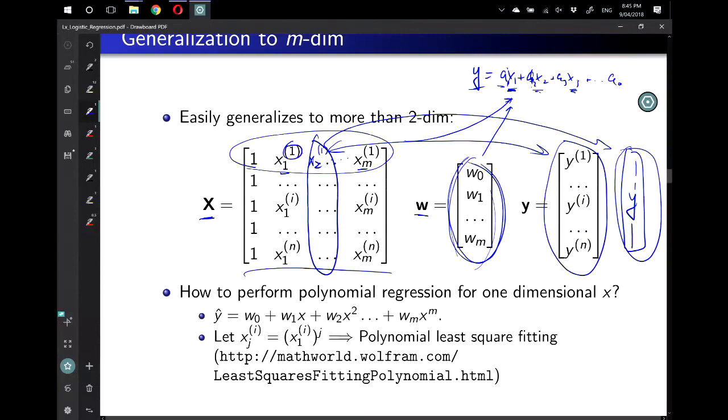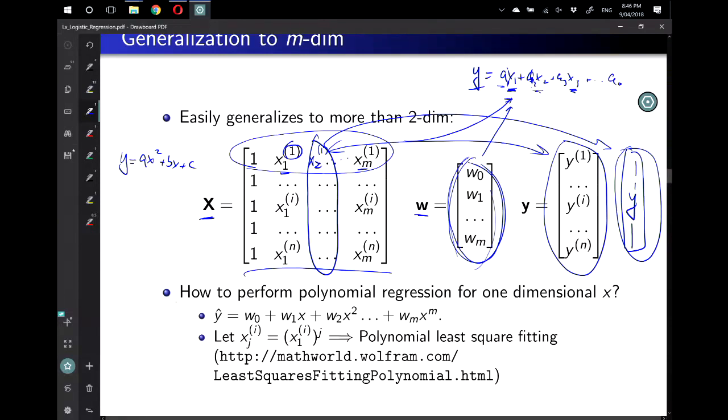And also a side effect is that what if I want to do something like y equal to ax squared plus bx plus c, right? I know, for example, that's the distance traveled if you have acceleration, right? So basically, I know my model should be a polynomial of degree 2. So how do I do the least square fit? Again, you can plug in the function and do the minimization all over again.